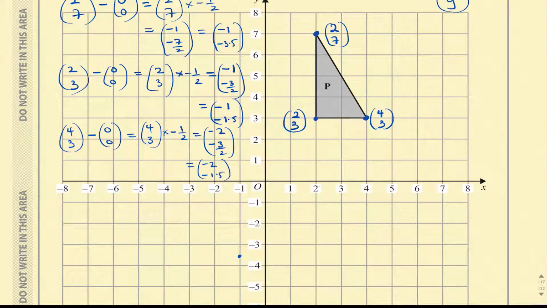The second point is (-1, -1.5). So x is -1, y is -1.5, which is there. And the third point is (-2, -1.5).